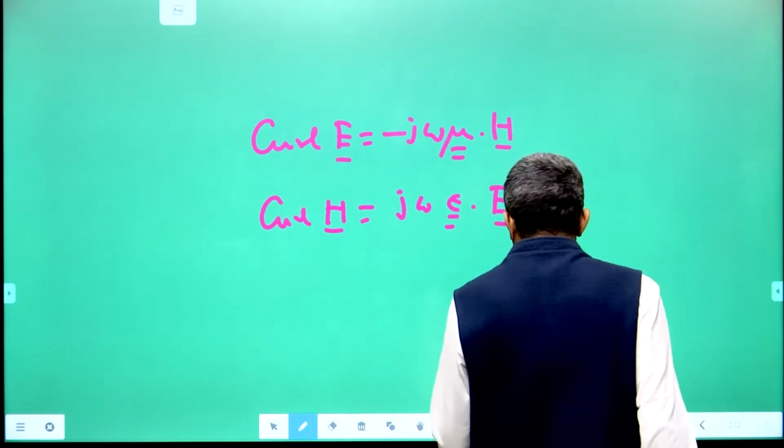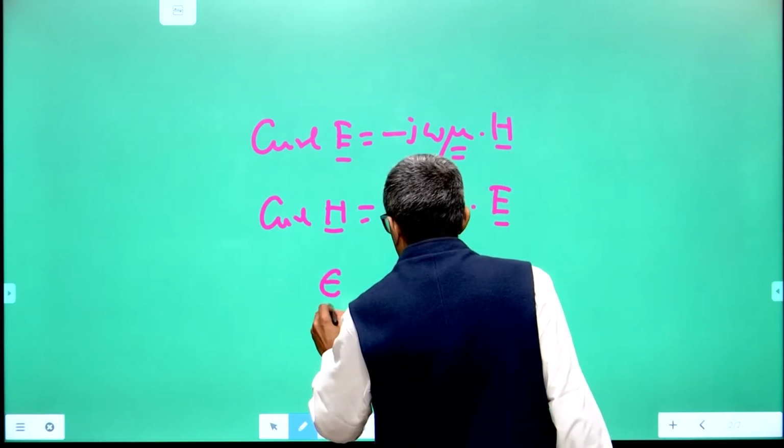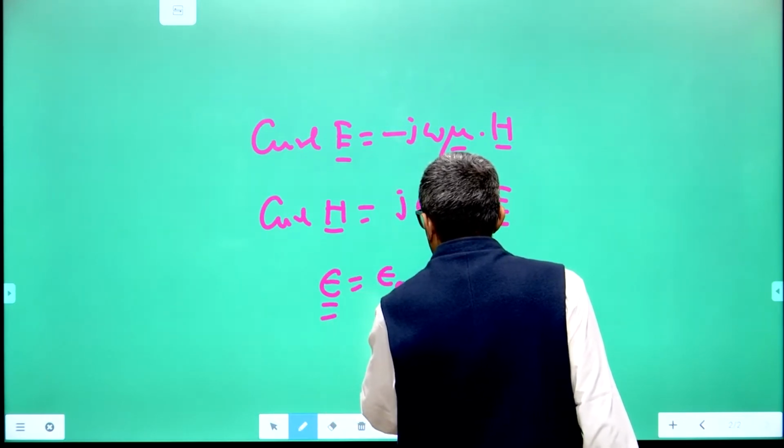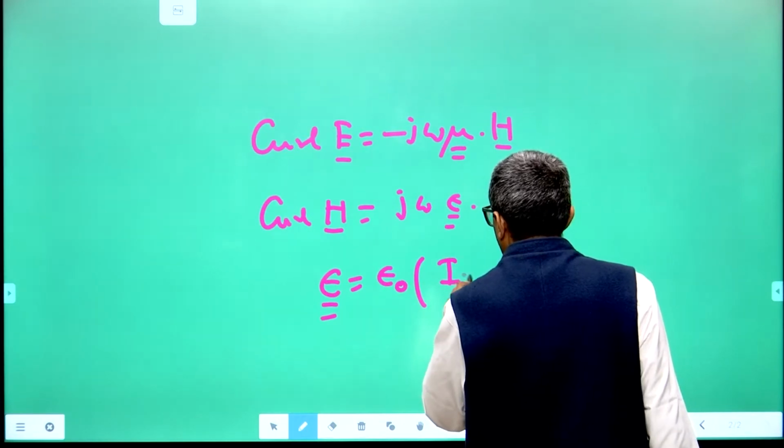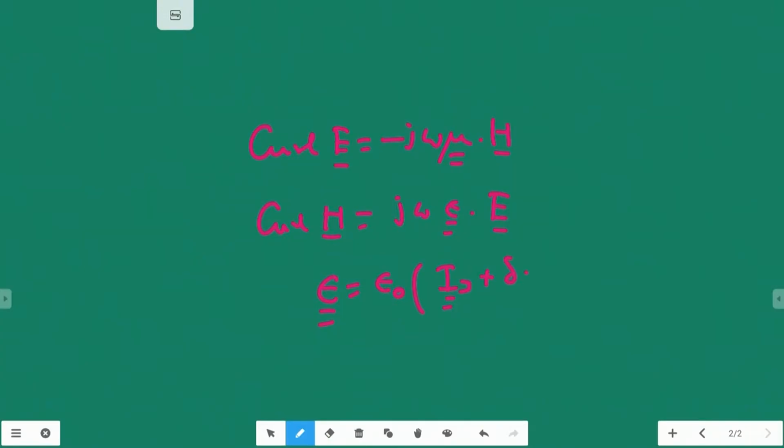So, we assume that epsilon and mu are small perturbations of the homogeneous and isotropic situation. So, it is epsilon 0 times the 3 cross 3 identity matrix plus delta times a 3 cross 3 permittivity matrix chi e, which is a function of x and y, and likewise mu is mu 0 times I3 plus delta times chi m of x y. This is also a 3 cross 3 matrix, and delta is a small perturbation parameter.